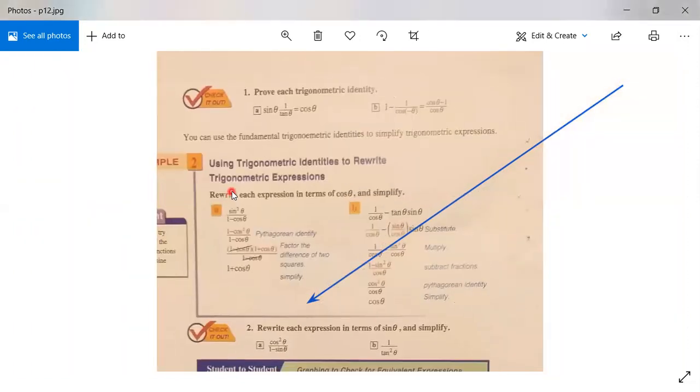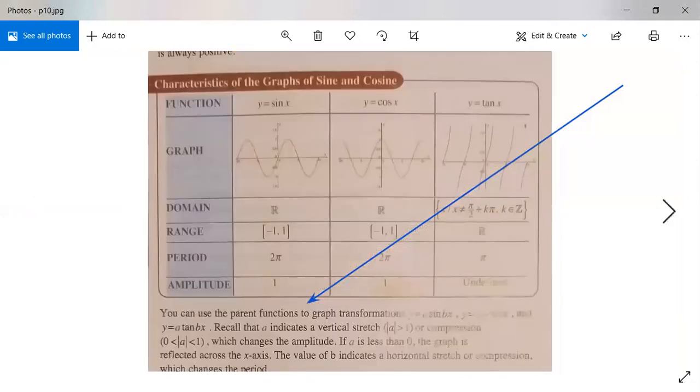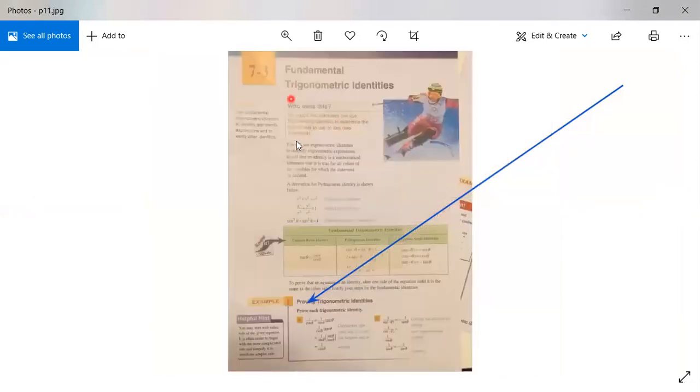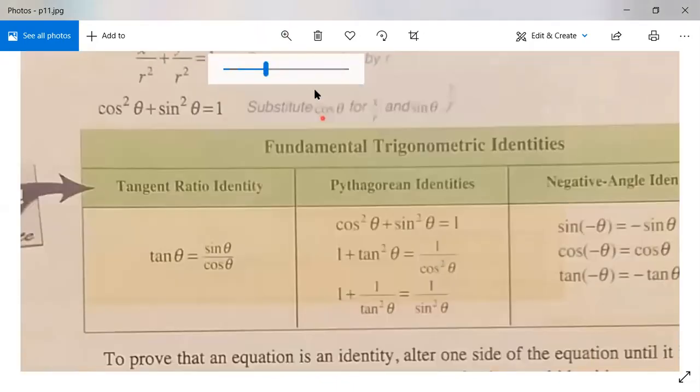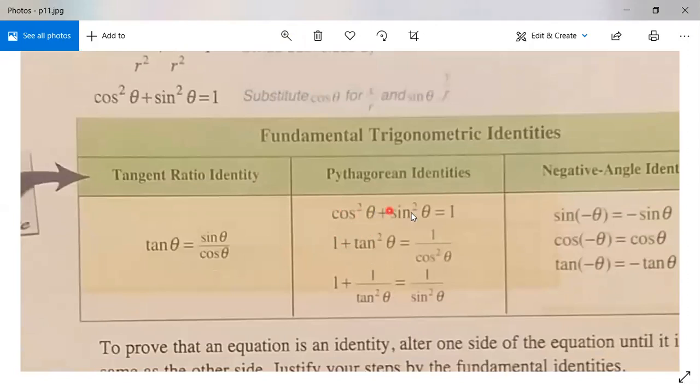Let me go back to the previous page, this one. Can you see this question? Read it. What you have is cosine square theta plus sine square theta equal to 1.